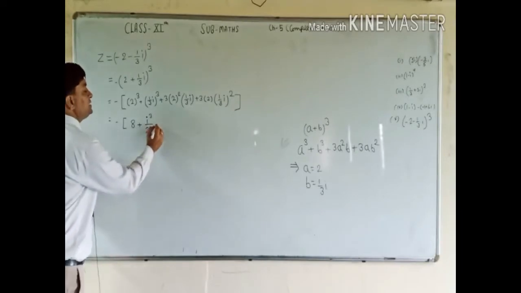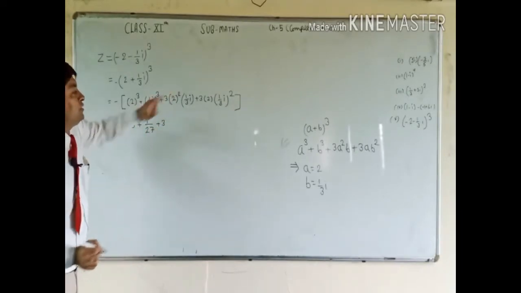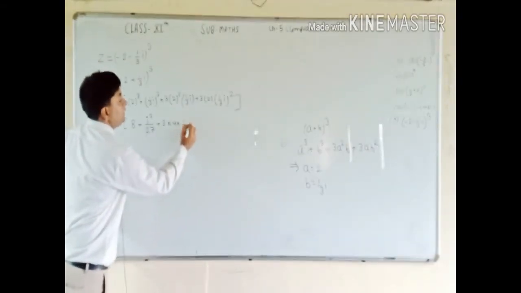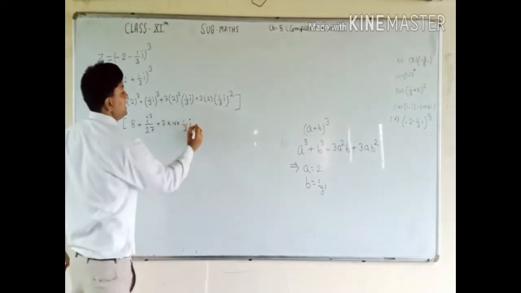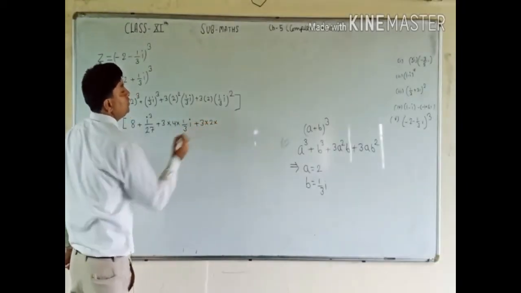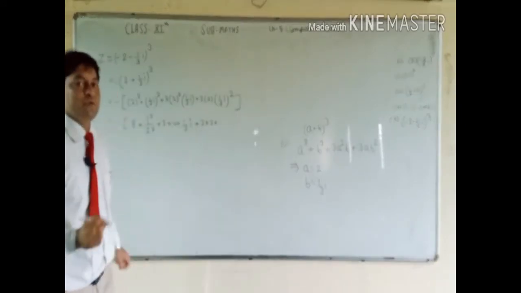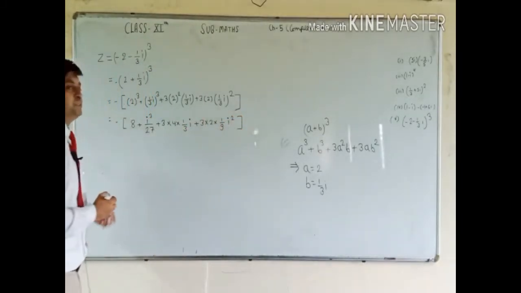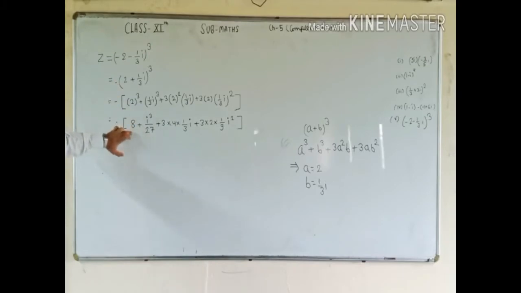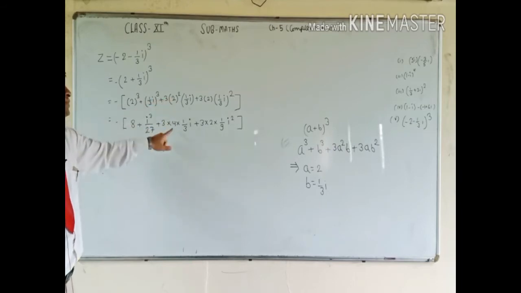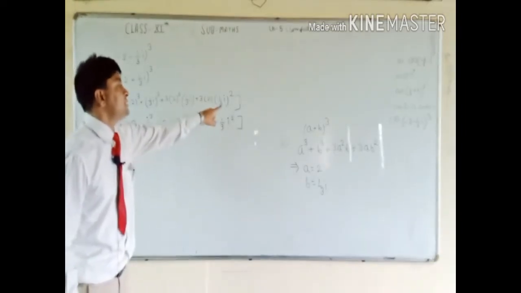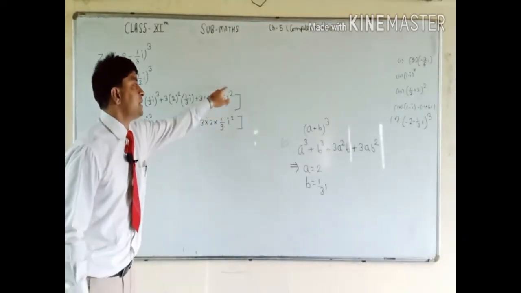Now this is 3, 2 power 2 is equal to 4, and the last is 1 upon 3 iota. Now this is 3, this is 2, and square of 3 is equal to 9, and this is iota square.